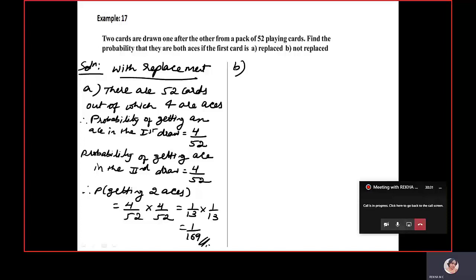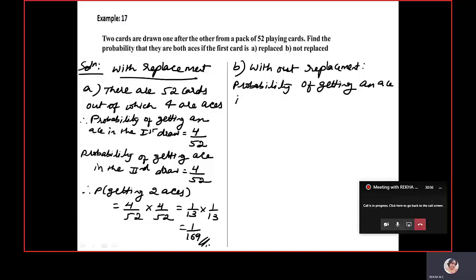Subquestion B, without replacement. So the probability of getting an ace in the first draw is equal to 4 by 52.